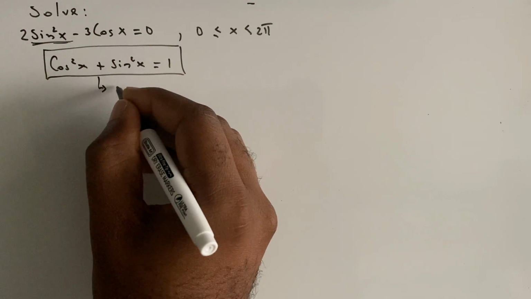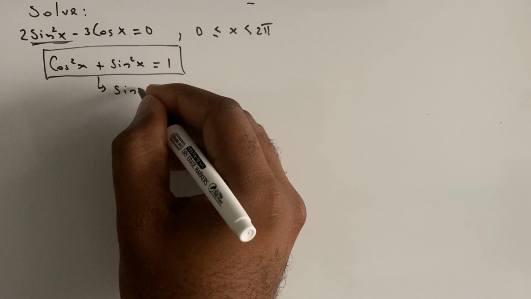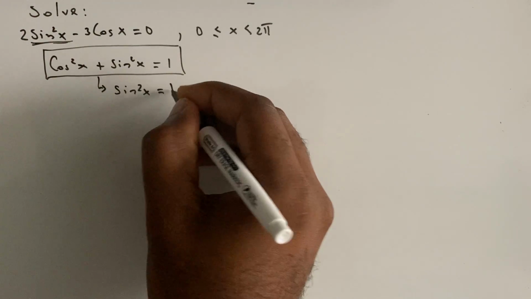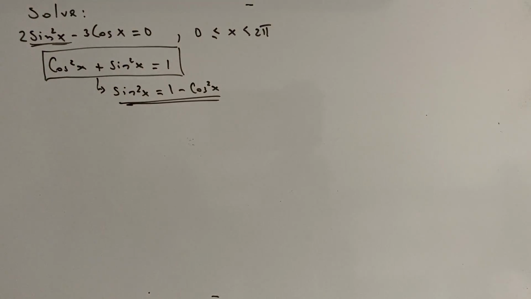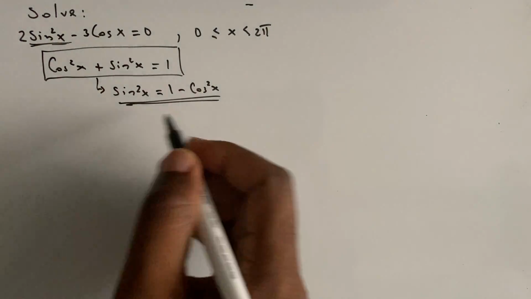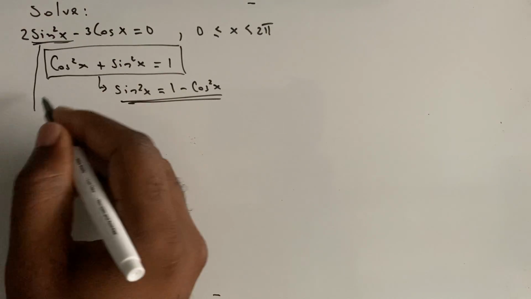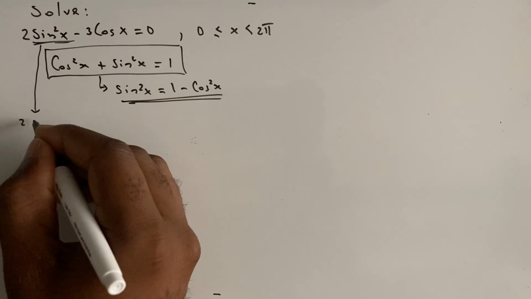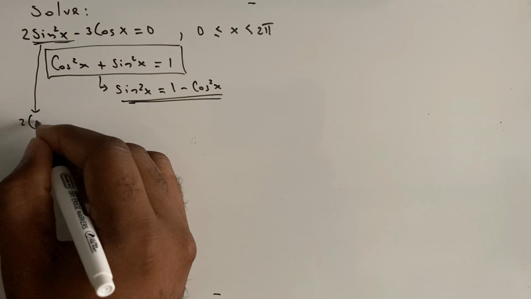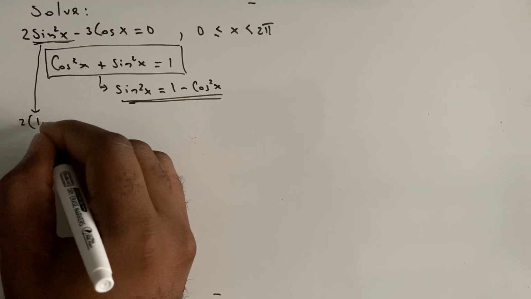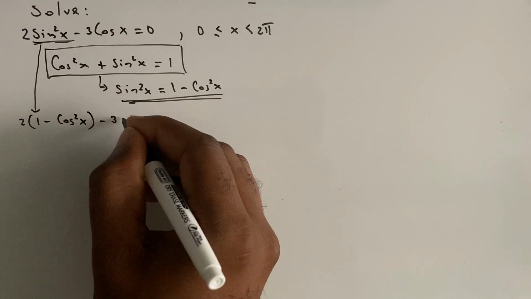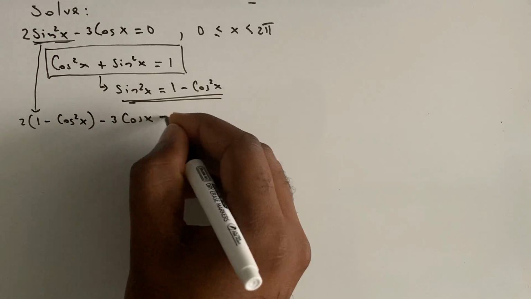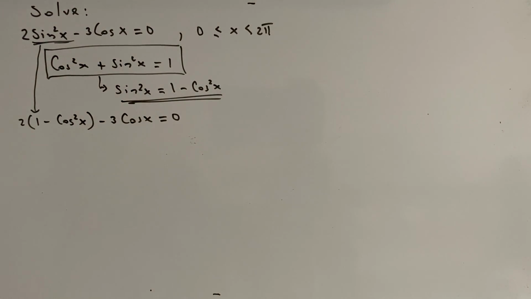So I can solve for sine squared of x, which would be 1 minus cosine squared of x. From here, we can replace sine squared by its value. So I have 2 times 1 minus cosine squared x, minus 3 cosine x equals 0. Okay, so far so good.